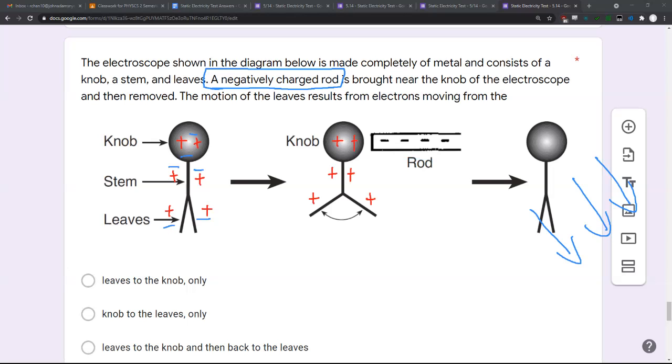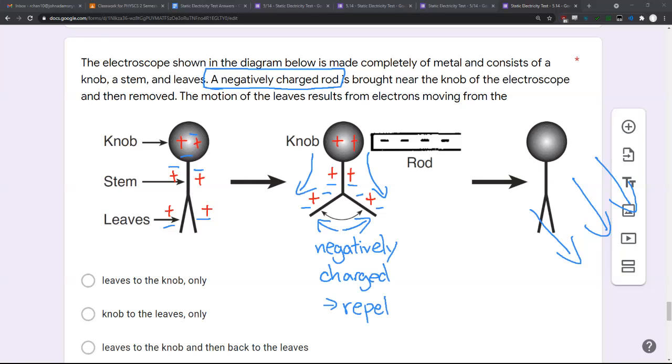But the electrons are going to move down the electroscope. Because now the bottom of the electroscope is negatively charged, the leaves are going to repel each other.